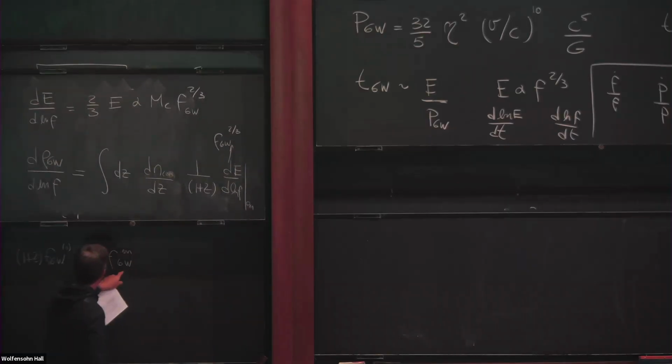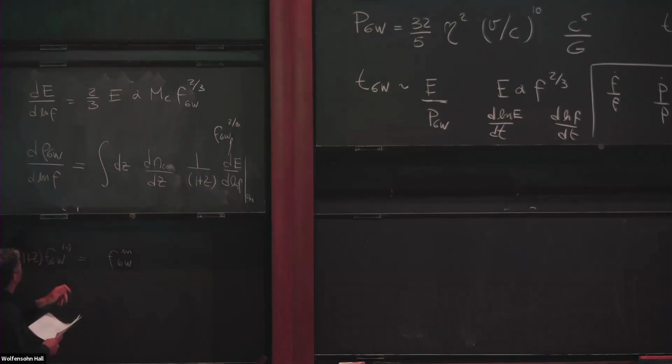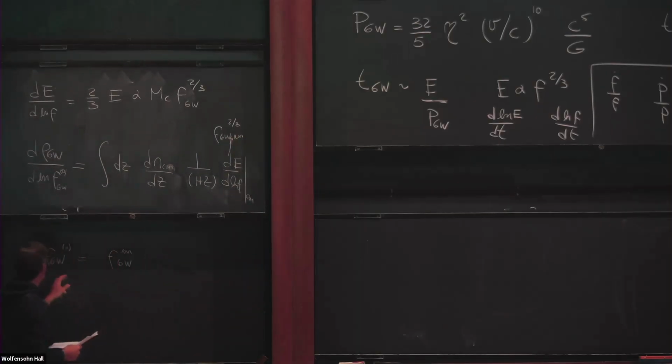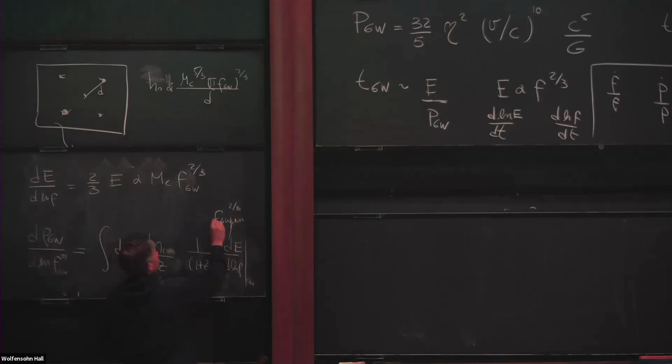If I want to express the answer in terms of the gravitational wave frequency that I observed today, which is the relevant thing for comparing with the experiment, I want to replace this gravitational wave frequency at the time of emission by some expression in terms of the observed gravitational wave frequency. So I plug that in, and this then becomes proportional to 1 plus z to the 2/3, okay?